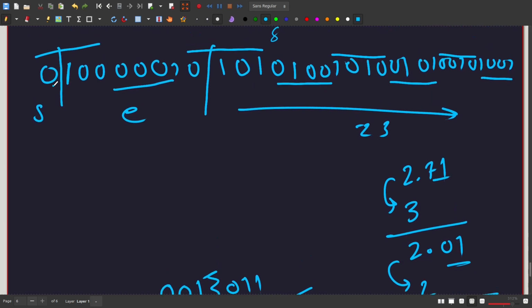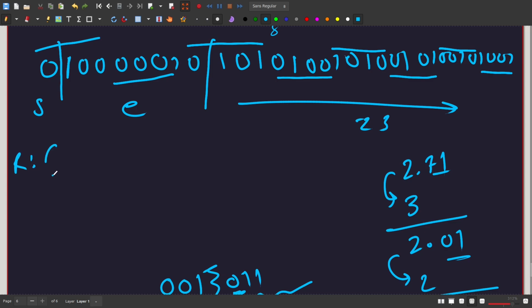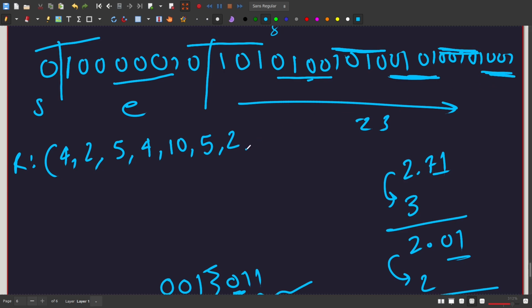Okay, now let's deal with it. So our representation is actually going to be, so 0 1 0 0, this is actually a 4, that is a 0 0 0, that looks like a 1, yeah, that is a 1, that is a 2, and then this looks like a, what the hell is that, a 5, that is a 5, and then this is a 4, this is a 4, and then this is a 2 plus 8, which is a 10, and then this is a 5, then this is a 4, or wait, is it a 4? 0 1, no, that's a 2, shit, that is a 2, that is a 2, and then this is a 9.